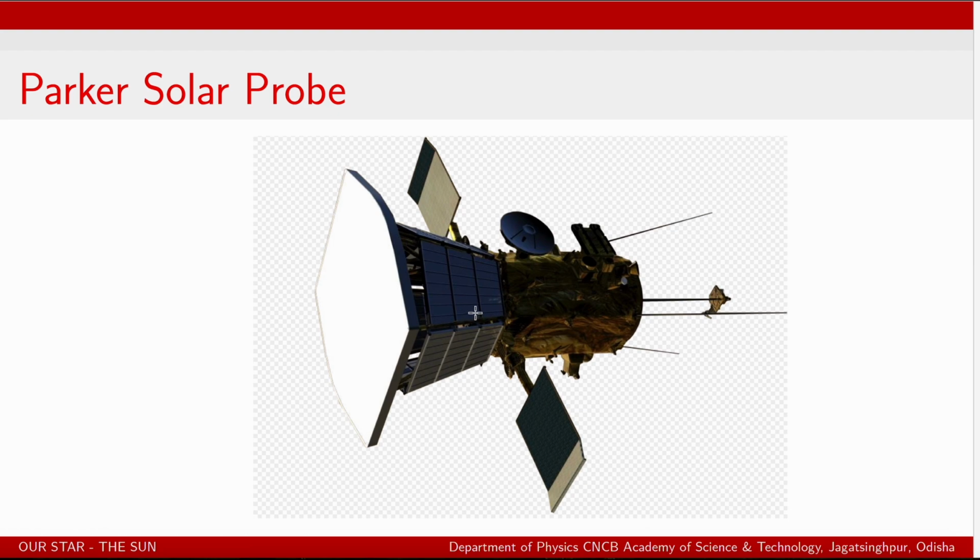Once the frequencies have been measured, software can reconstruct the Sun. This is the field of helioseismology. So we'll go to the next slide.